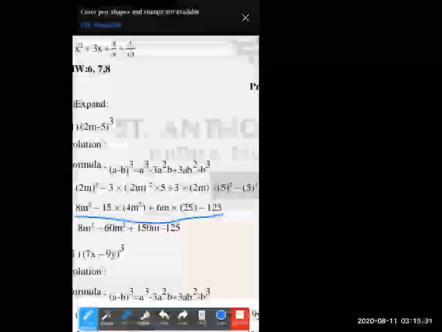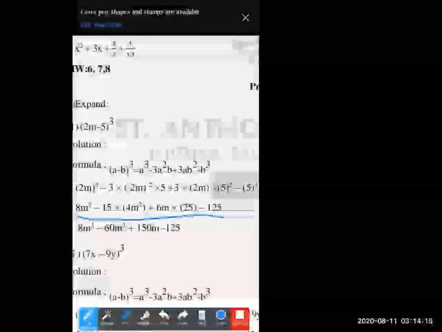Now here we will write first 2 square. 2 square is 4, so it becomes 4m square, and here 5 into 3 is 15. So here it becomes 15 into 4m square.